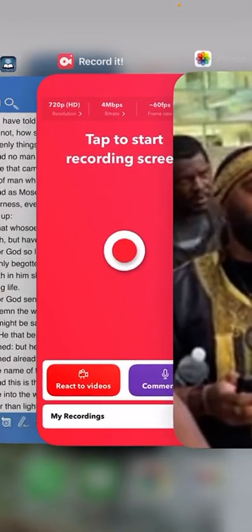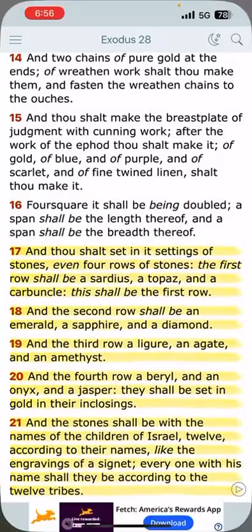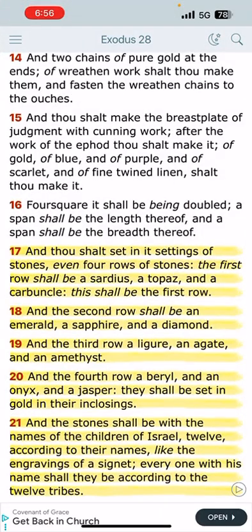Okay, so let's go ahead and get into some scriptures here. It's not going to be long. It's going to be short. This is Exodus 28:17-21, because this is exactly what we're looking at. It says, and thou shalt set in it settings of stones, even four rows of stones. The first row shall be a sardius, a topaz, and a carbuncle.